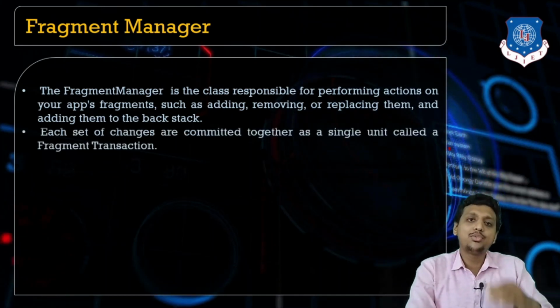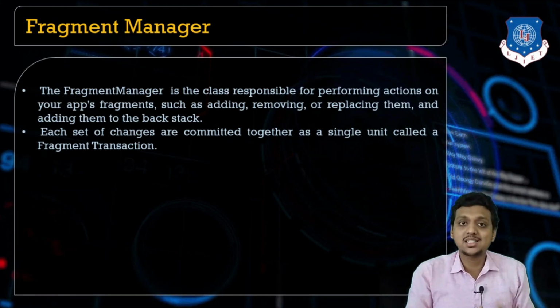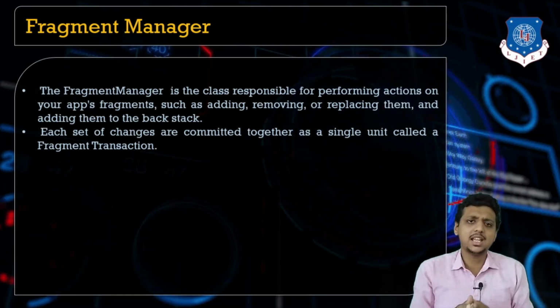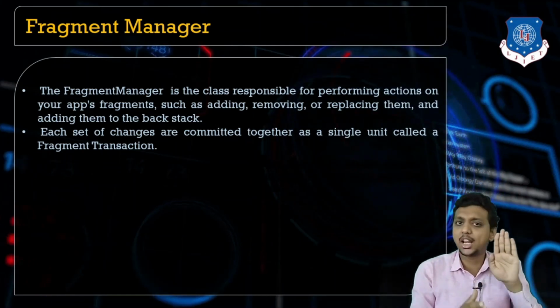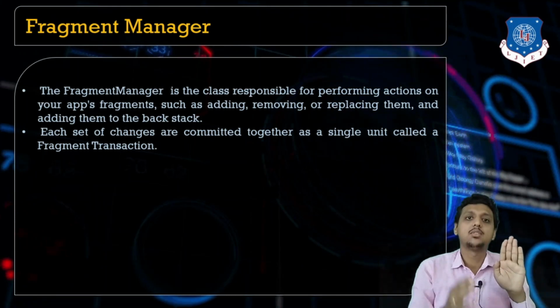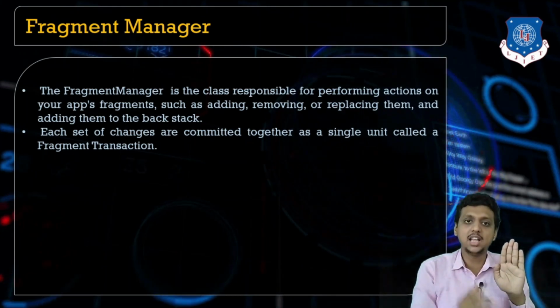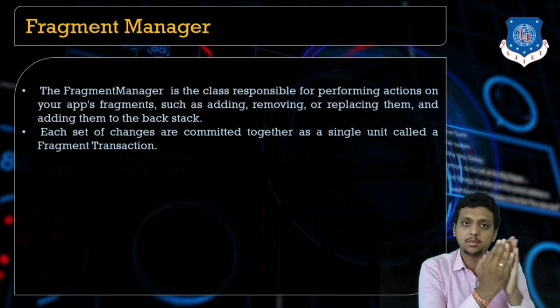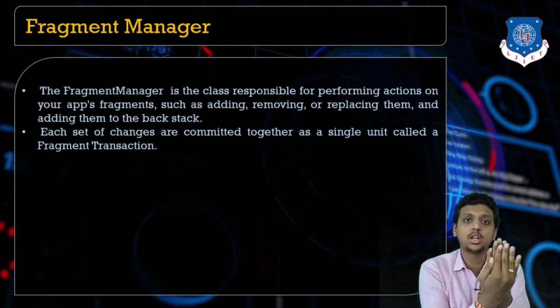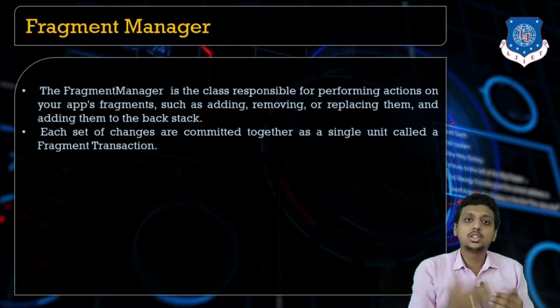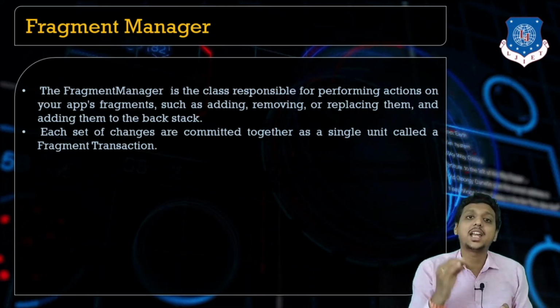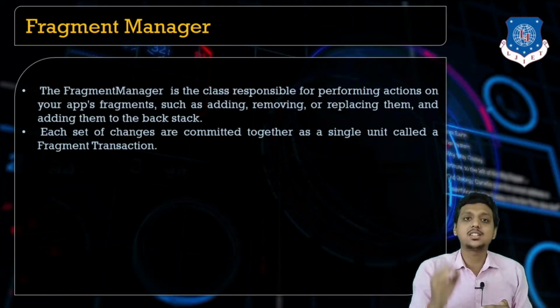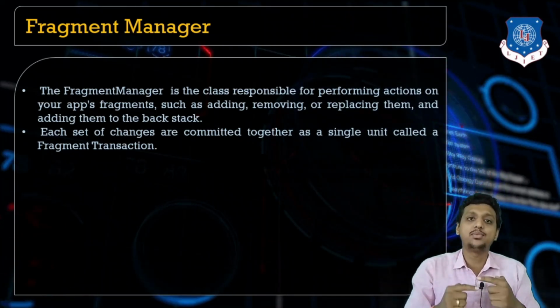If you try to add a fragment to the backstack, say this is my fragment number one. When I click on some button, fragment 2 appears over it, then fragment 3 appears over it, then fragment 4 appears over it. So this is a stack. Same as the activity stack, the fragment has its own stack when you add one fragment on another.